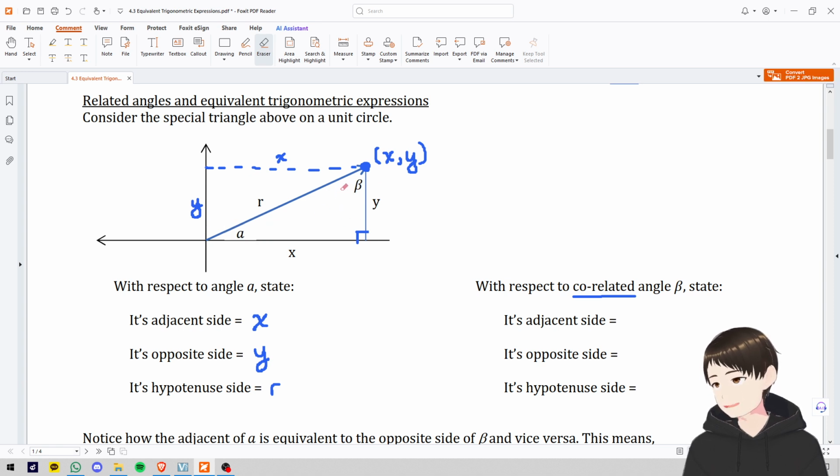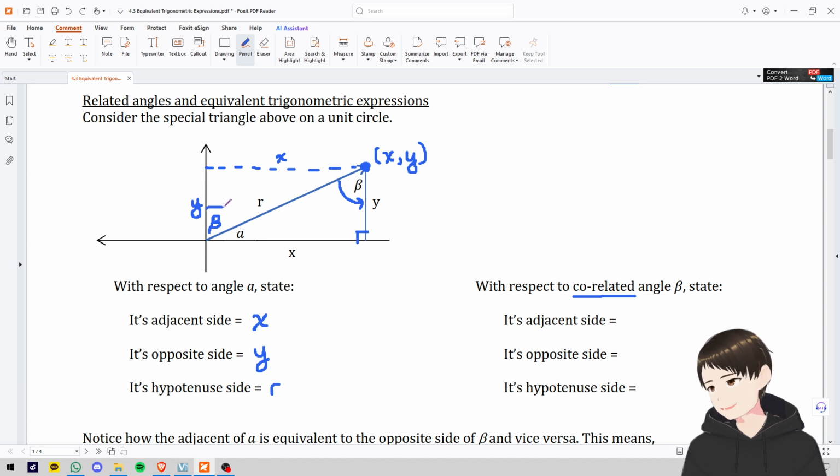Instead of writing numbers, you can say that this complementary angle will be angle B. So I could say, if angle A is with respect to the x-axis, angle B is with respect to the y-axis. Okay, that's a little bit of a special trait. I'm going to come back to this. But anyways, let's look at the correlated angle B.